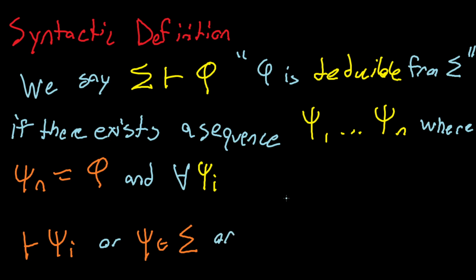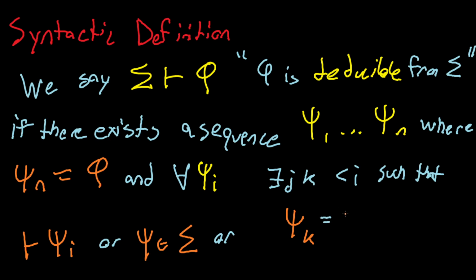And then the final possibility, and we'll formalize this: there exist a j and a k, both less than i, such that psi k is actually the statement, I'll put parentheses around it so it's clear that this is one statement, psi j implies psi i.